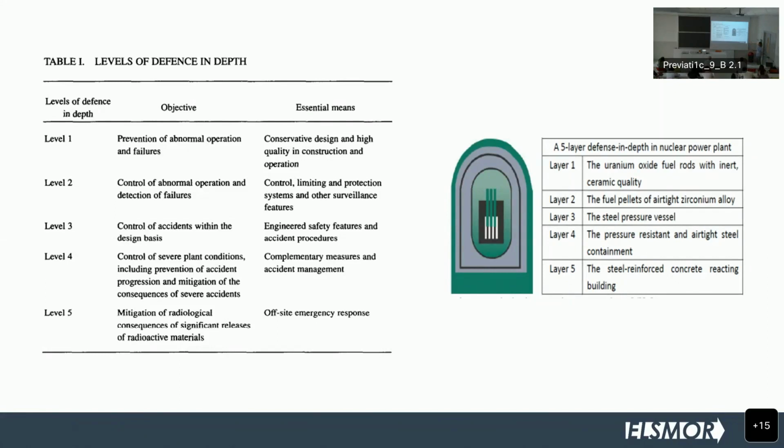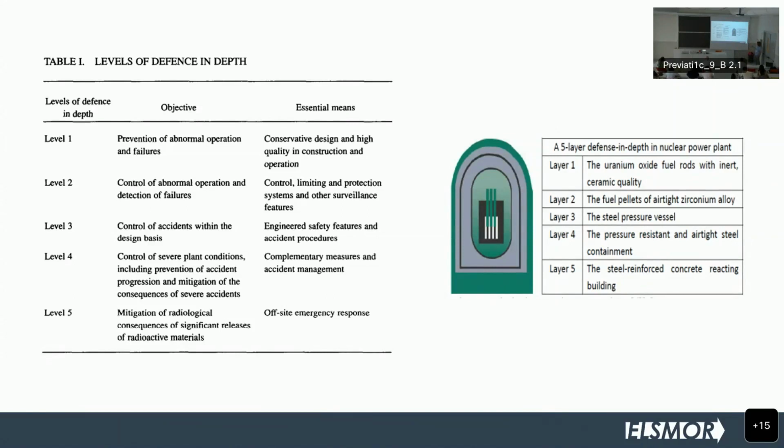And of course, if all of these levels fail, we must be able to mitigate the consequences of this radioactive release. These are functional, but also physical, like for instance the barriers for radioactive release.